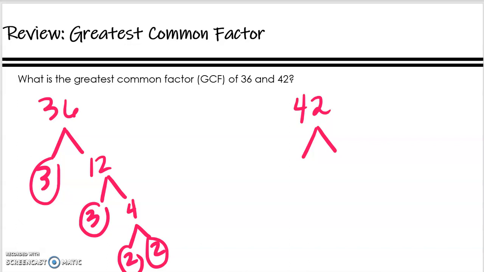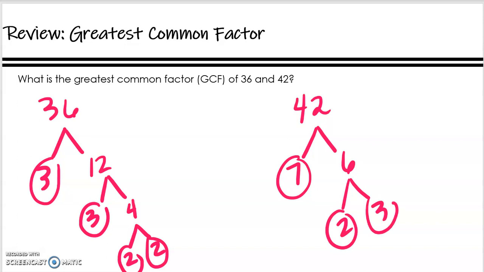42, the first thing I think of is 7 and 6. 7 is a prime number, and then 6 goes to 2 times 3, which are prime numbers. So I'm looking for common prime factors. I have a 3 here and a 3 here, and then I have a 2 and a 2.